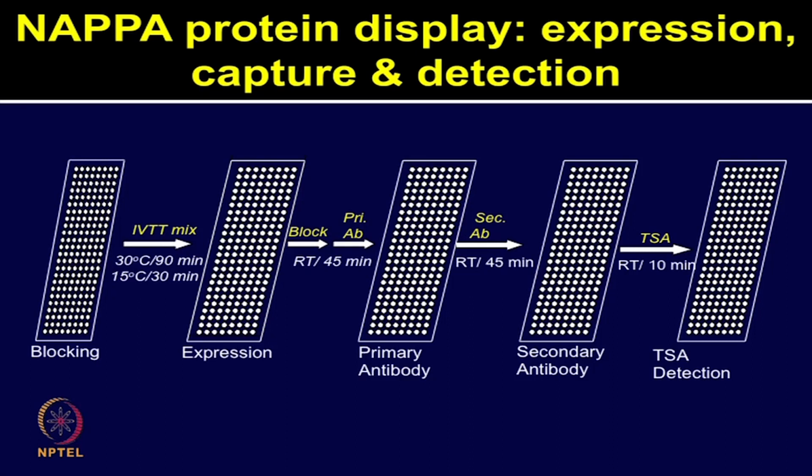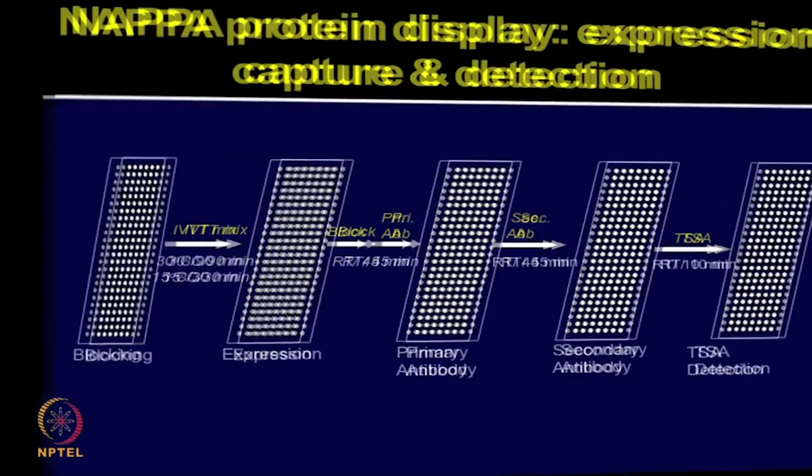So, you can add the primary antibody, in this case anti-GST antibody, followed by the secondary antibody containing either Cy3 or Cy5 labels, or one could also use a horseradish peroxidase based tyramide signal amplification system, a TSA based system.